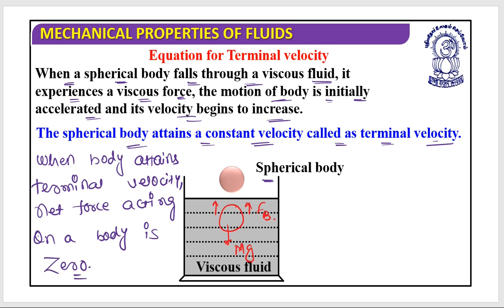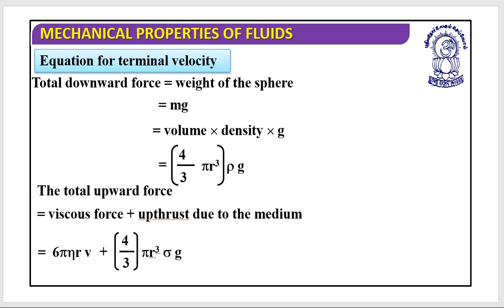And one more is the drag force, from Stokes law, F equals 6 pi eta r v. When the total upward force equals mg, it is going to attain a terminal velocity. I hope this is clear. So basically the total downward force equals the weight of the sphere.